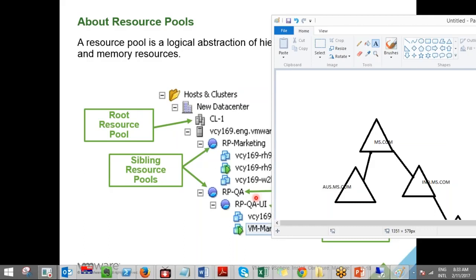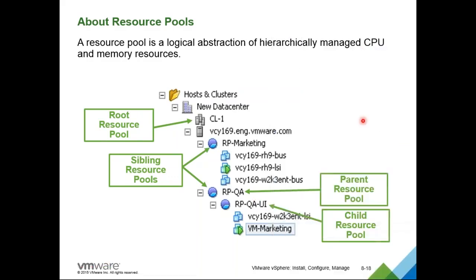Let me explain about these resource pools. Hope you understand where we can create the resource pool at present. Then we'll talk about the parent resource pool and child resource pools.